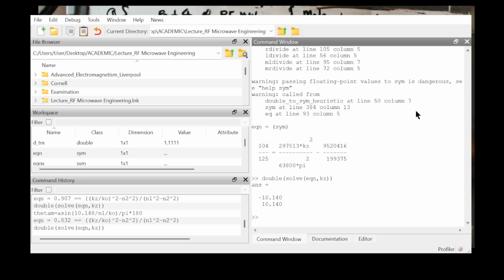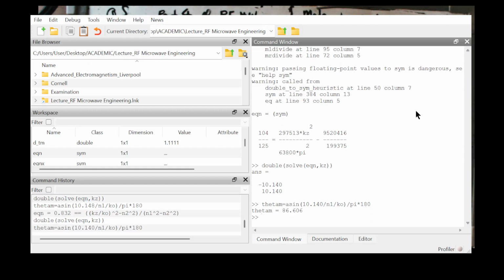So I write it down, 10.14, and the angle corresponding to this is 86.6 degrees. So the process will continue.